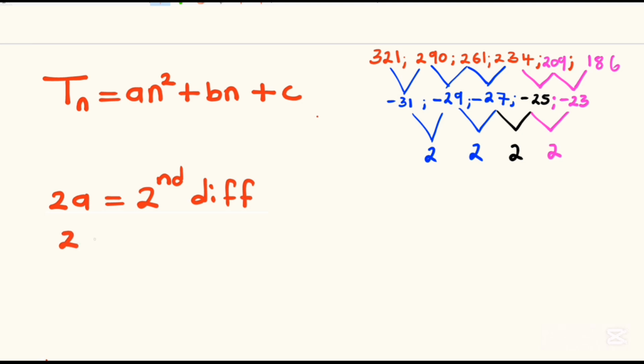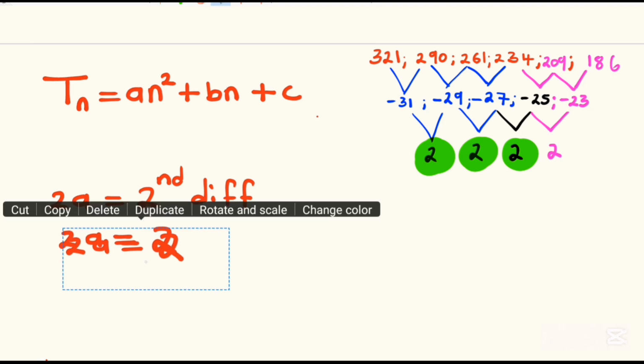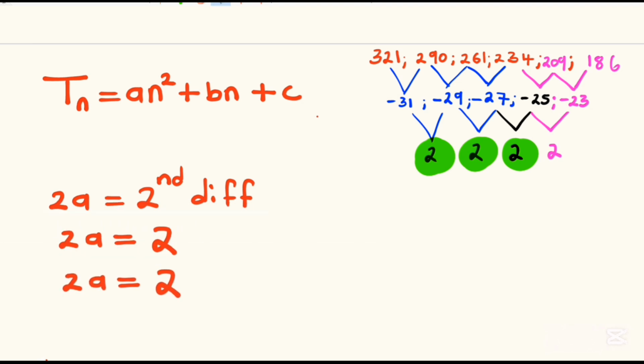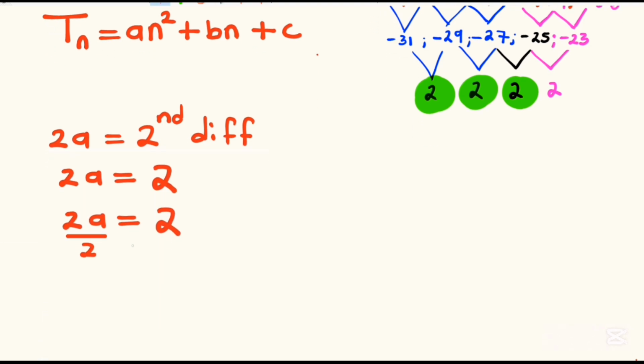So our 2a will be equal to our second difference, which is equal to 2. So to determine a, we divide both sides of the equation by 2, and that 2 and that 2 will cancel out, and our a will be equal to 2 divided by 2, which is equal to 1.